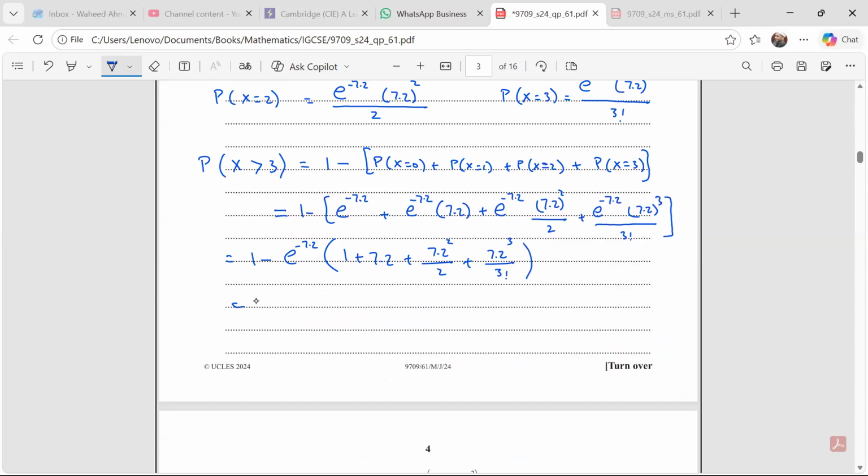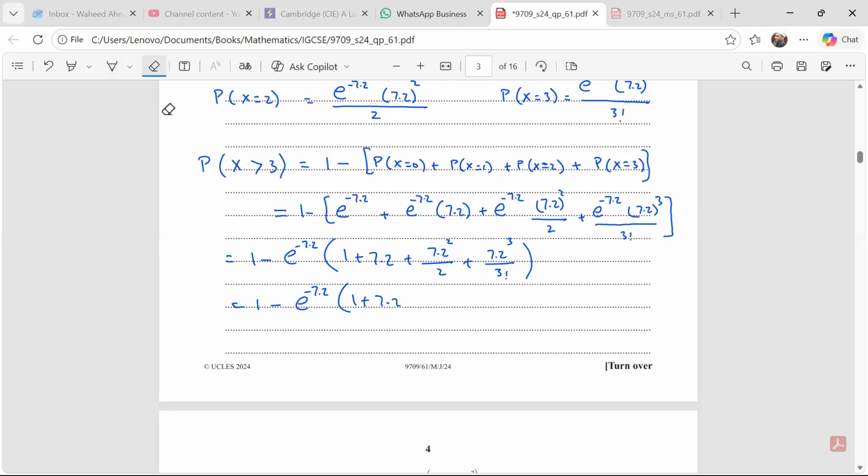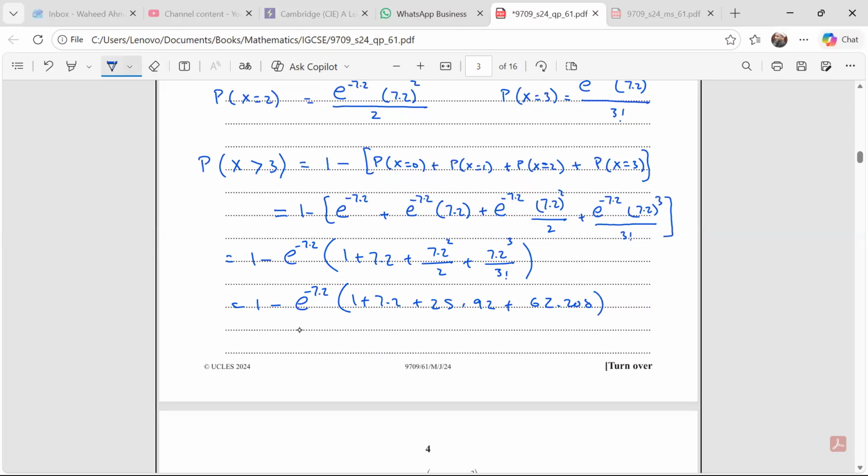So this all comes out to be 1 minus e to the power minus 7.2 times, in brackets, 1 plus 7.2 plus 25.92, since 7.2 squared over 2 is 25.92, and 7.2 cubed over 3 factorial is 62.208. And when we calculate all these things, it comes out to be 0.928 to three significant digits. So this is the probability that more than three people will arrive in a 1 minute interval.